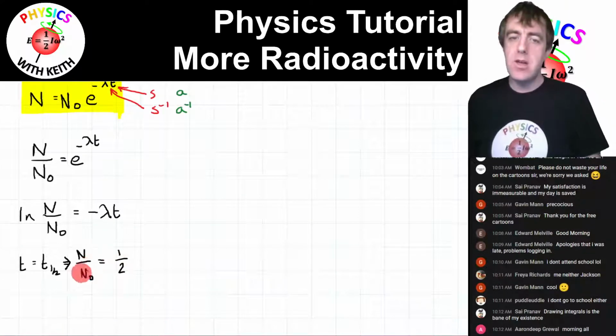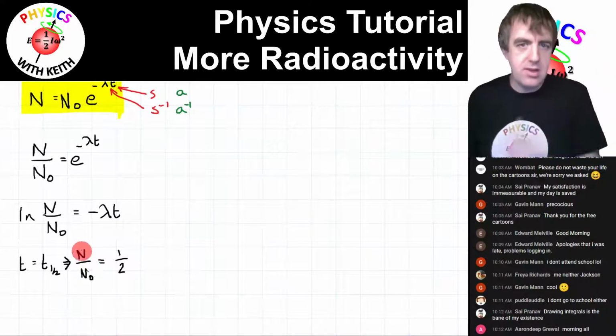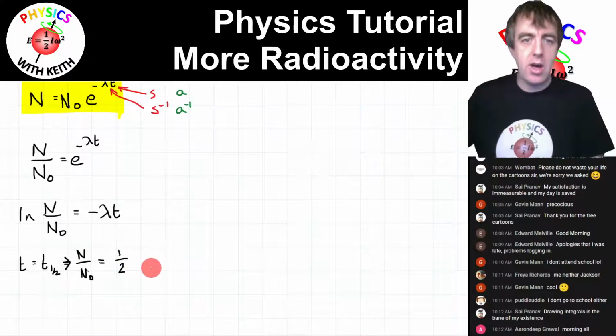The proportion of radioactive nuclei we have left is 50%. The bottom number is double the top number. We end up with a half.